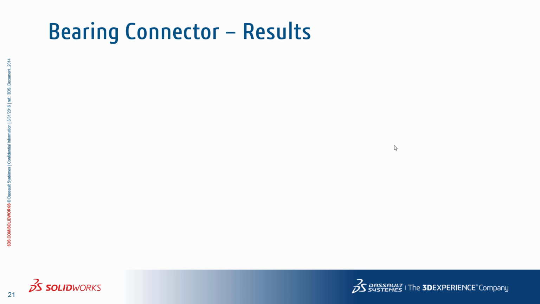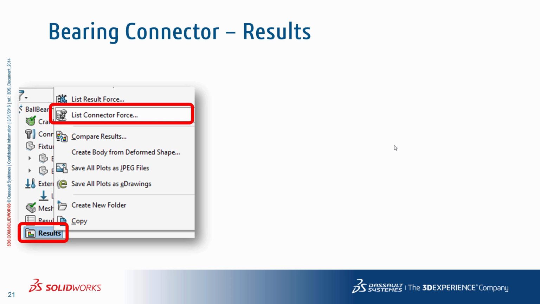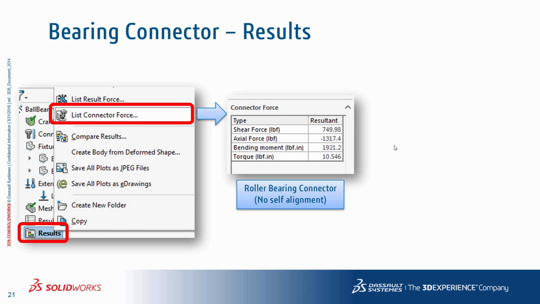And finally, with the bearing connector, you have access to different types of results. So for example, you have access to the tabulated results for the bearing connector forces, like the shear forces, axial forces, and the bending moments. To get those results, you can right mouse click on results, go to list connector forces, and here's an example of what you might actually get in terms of those forces.